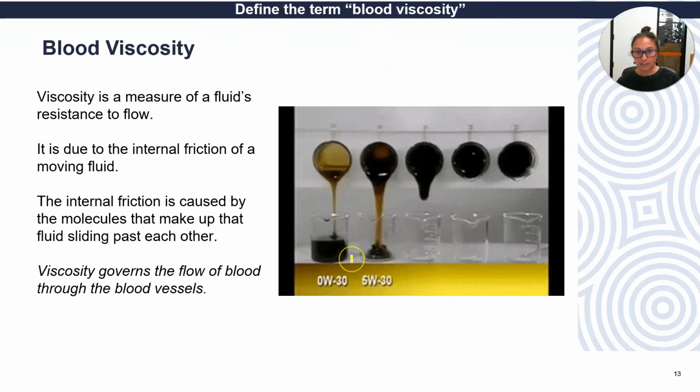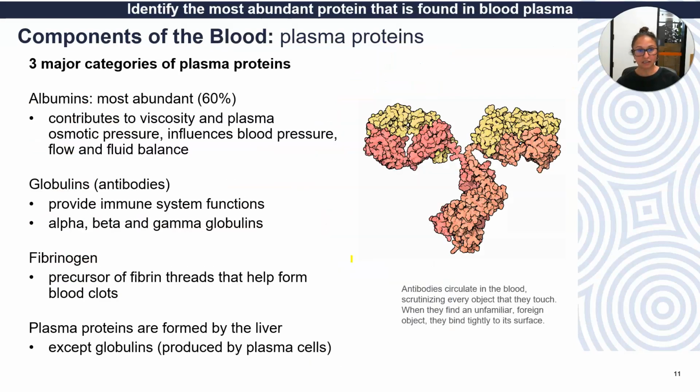So plasma proteins, my slides are just out of whack a little bit here. There are 3 kinds of plasma protein present in the blood plasma. The most abundant plasma protein are albumins. And albumin is very important later on when we talk about fluid balance or how fluid moves around.